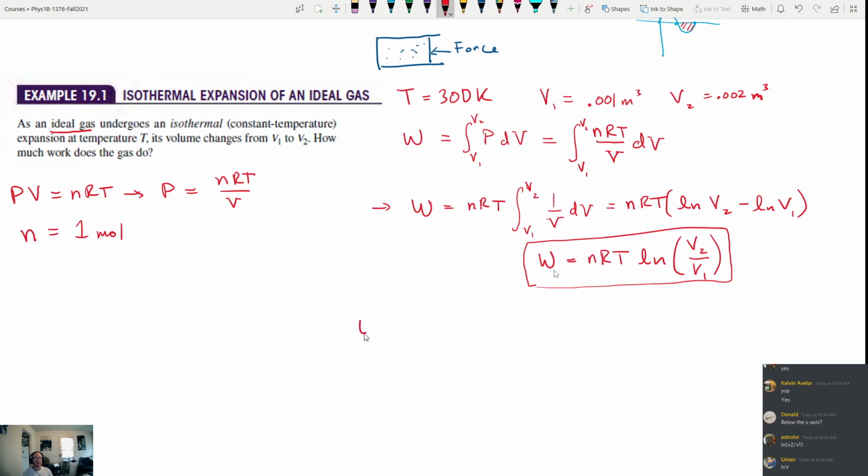All right, so then work done is going to be equal to, we said the number of moles was... Does anyone have any questions while I'm writing this stuff out? Just let me know.